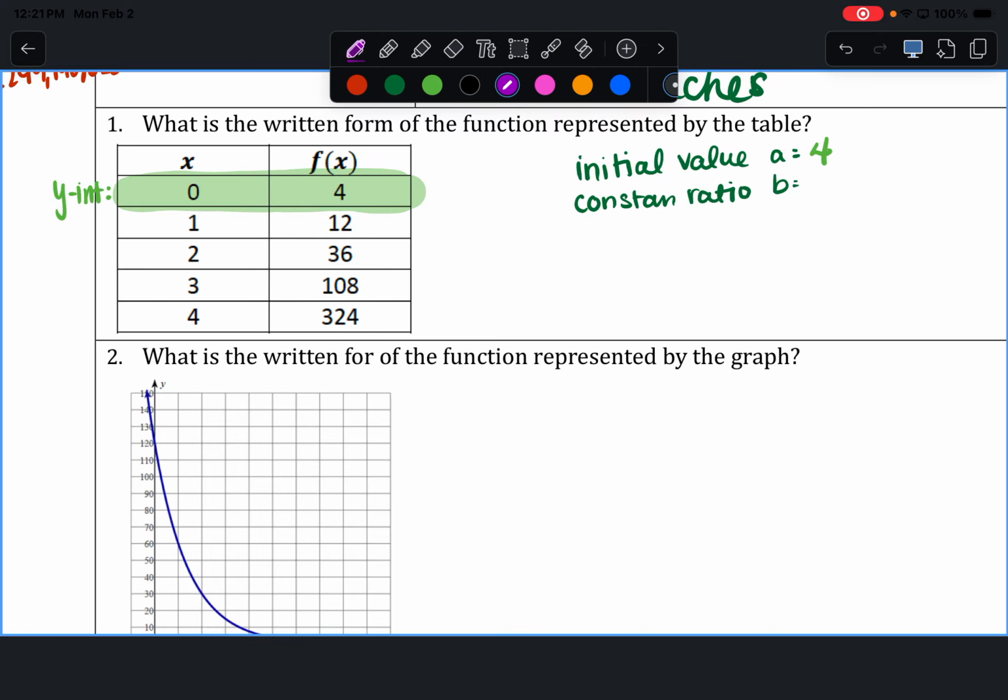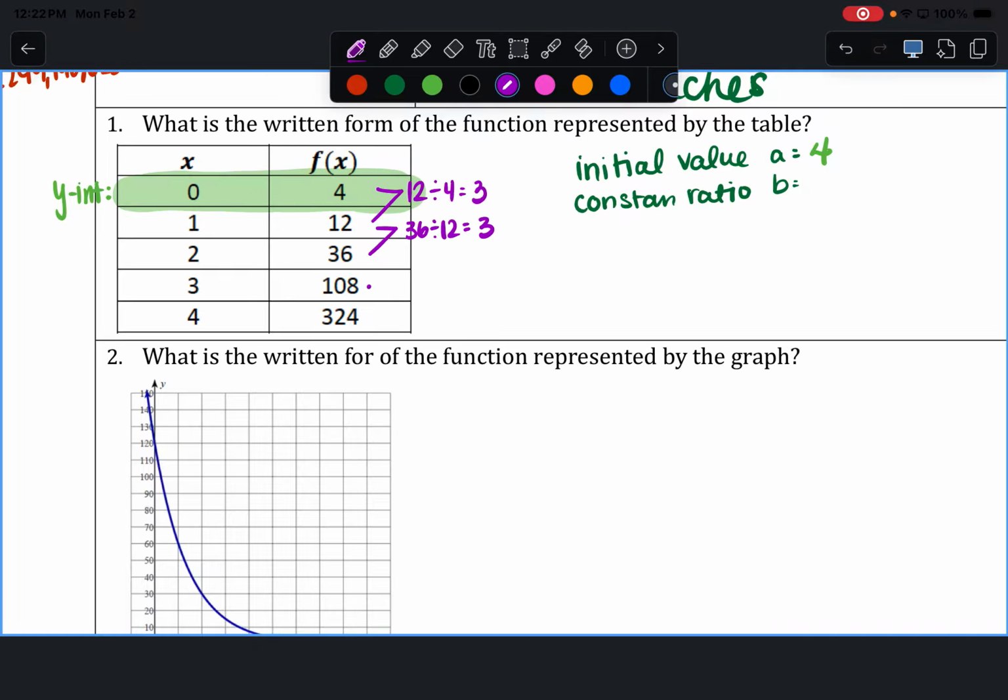The way that you can always find your constant ratio is if you take the step above and the step below it, so 12, and divide it by 4. That will give you our constant ratio of 3. If you do 36 divided by 12, that will give us a constant ratio of 3.